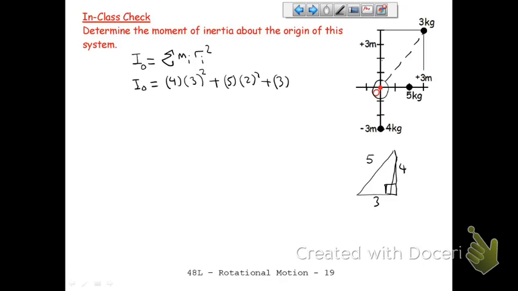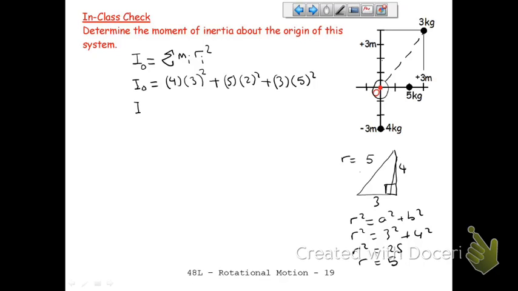If you don't recognize it, you say this distance r: r squared equals a squared plus b squared, r squared equals 3 squared plus 4 squared, r squared equals 25, r is equal to 5. So you can figure it out mathematically, or you can recognize it. But we know this is 5, and we've got to square it.